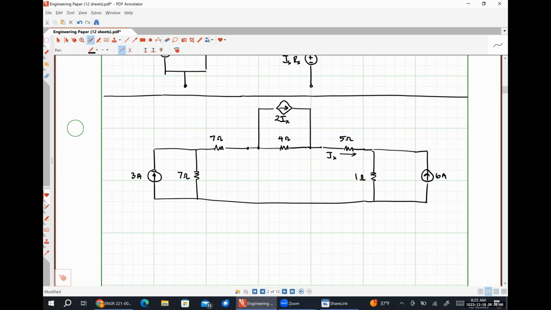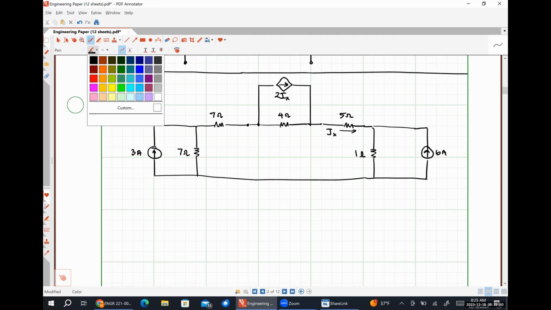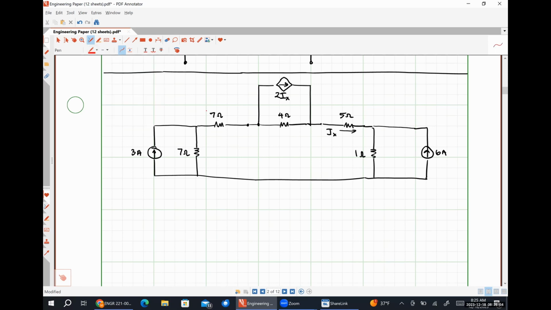Okay. So the first thing I'm going to do is identify my practical current sources. So I have a practical current source over here to the left that I'm going to box in red, like so.